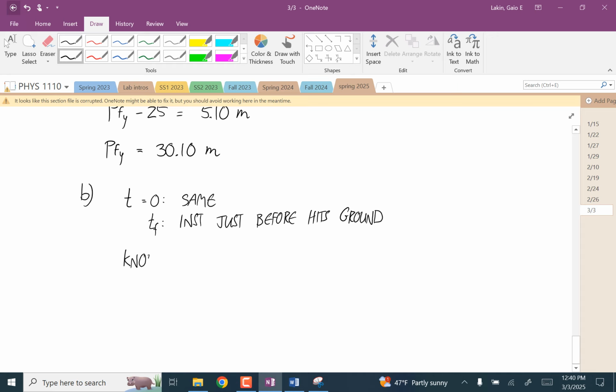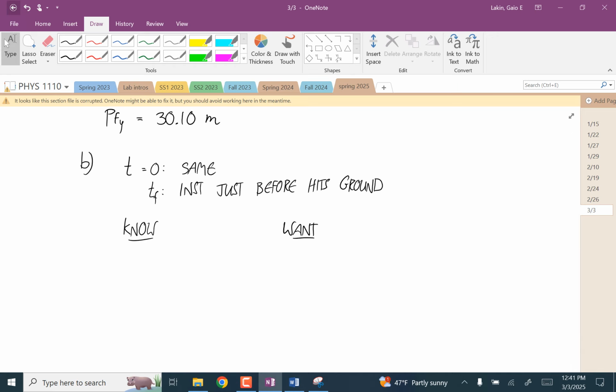Okay, so what that means is, since our time equals 0 is the same as it was before, all the initial stuff we knew before is still true, but the final stuff is different. So we can't use our old position final, velocity final, any of that. We don't know how long it's going to take.